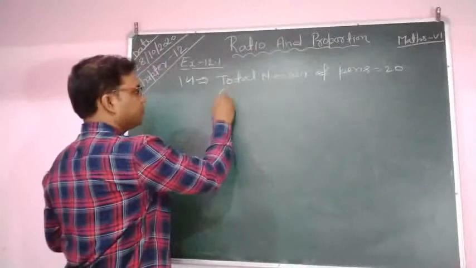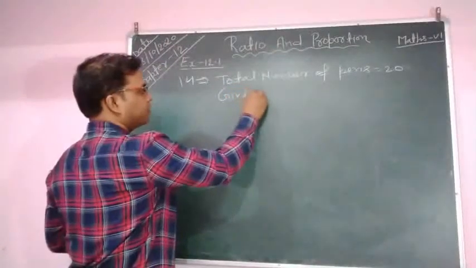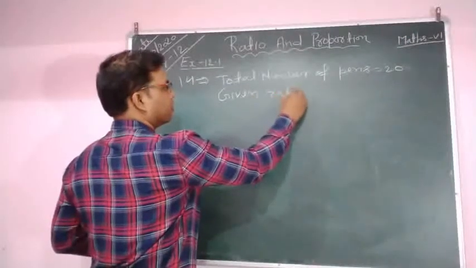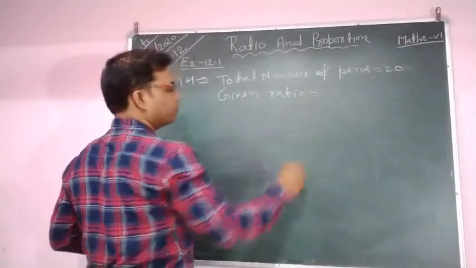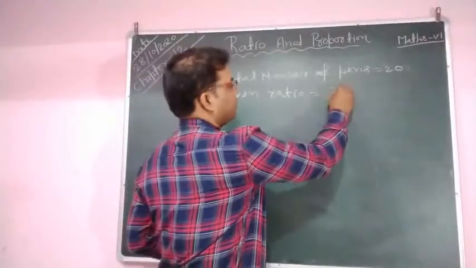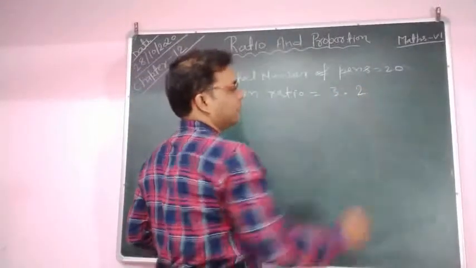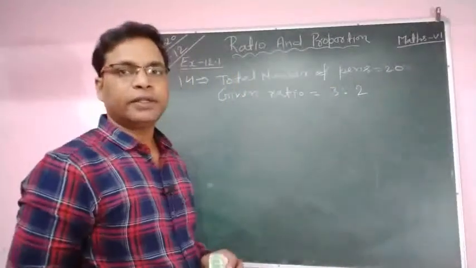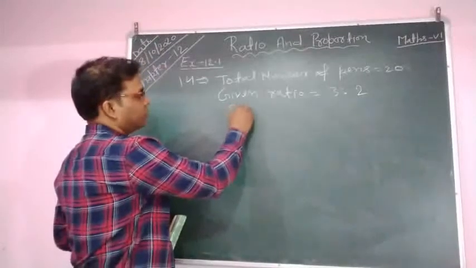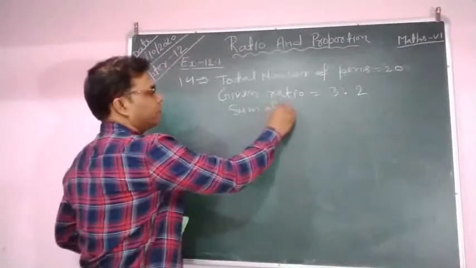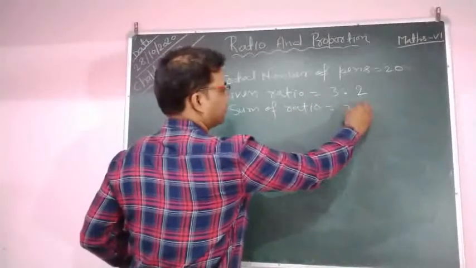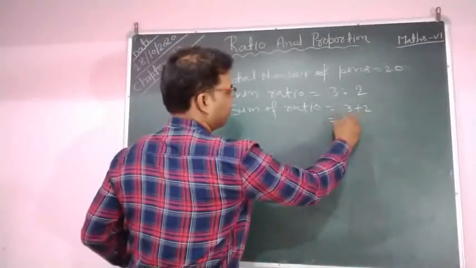And what is our given ratio? The given ratio is equal to 3 ratio 2. Okay, 3 for Sheila, 2 for Sangeeta. This is clear. Now we find the sum of the ratio. 3 plus 2 is equal to 5.